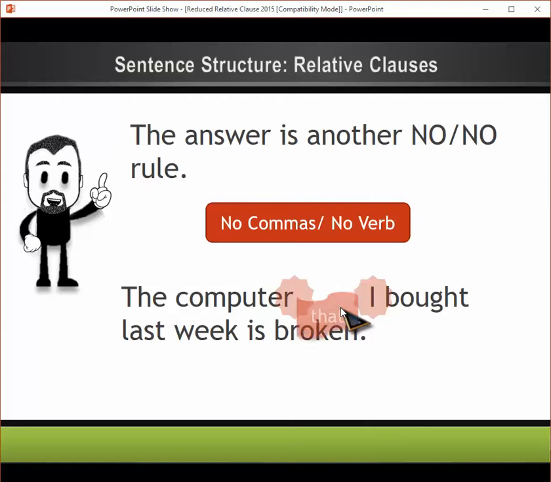That means, yes, I can reduce it. The computer I bought last week is broken, because this I takes the place of the subject of the sentence. I can be a subject, and so we don't need the that.